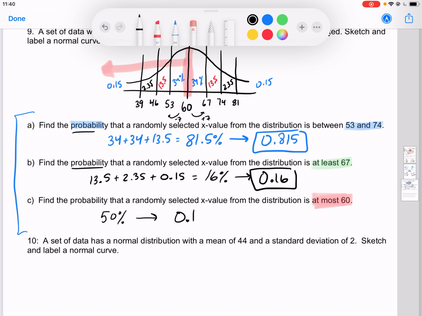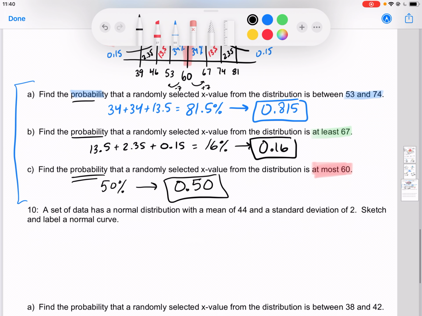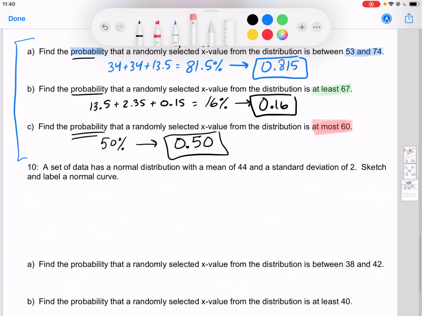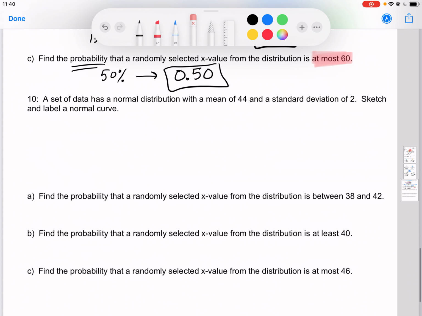So the probability would be 0.50 or just 0.5. You can also add all those up, and if you don't believe me, it will add up to 50%. Let's do one more of those just to get that under our belt.